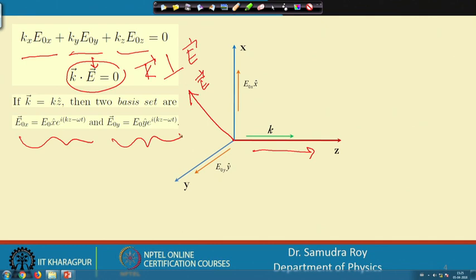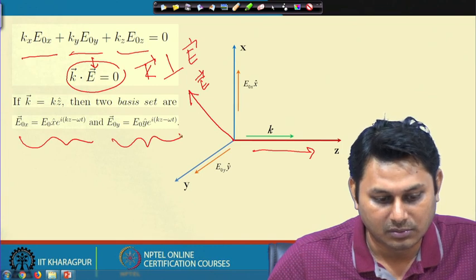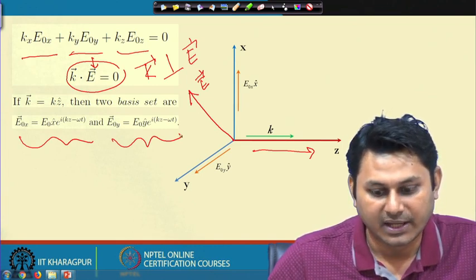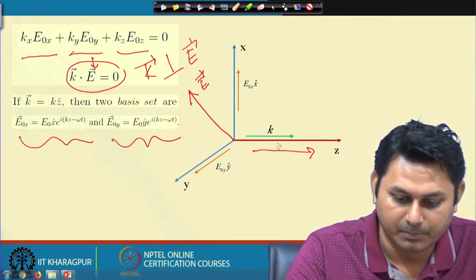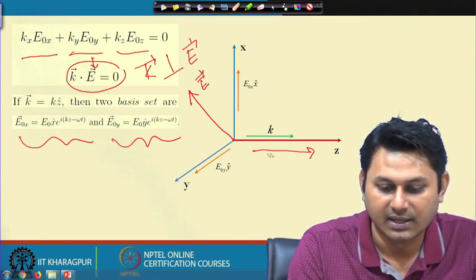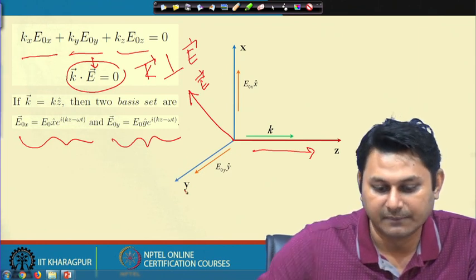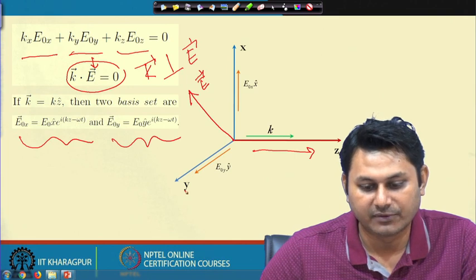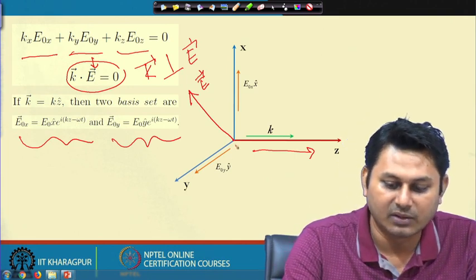So, once k is given to me, I can understand that E is perpendicular to the vector k. So, there is an infinite number of possibilities for E being perpendicular to k, because E can be anywhere in this y z plane. But if I divide this vector into two preferred directions, I should divide it in the x and y directions.